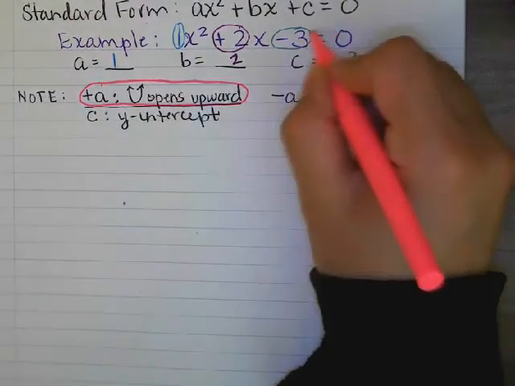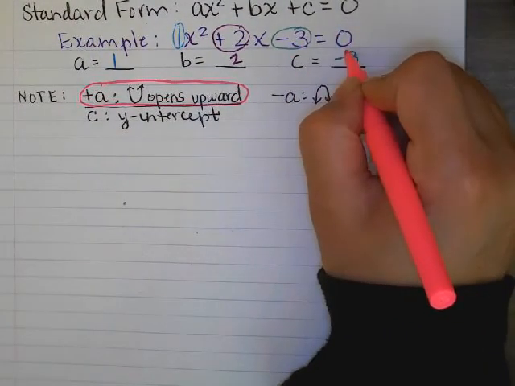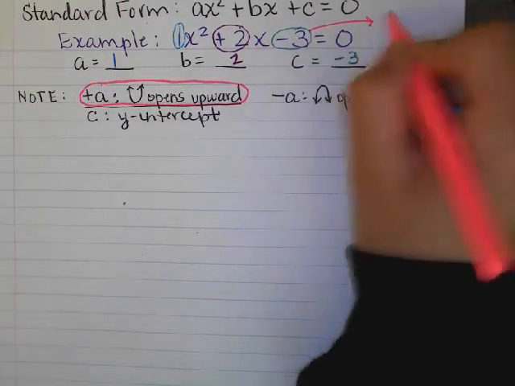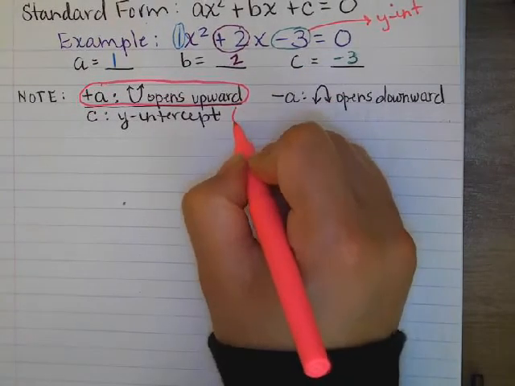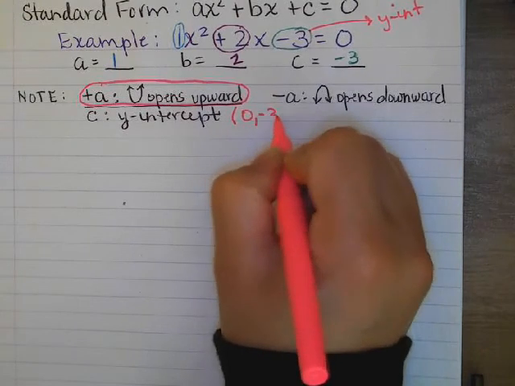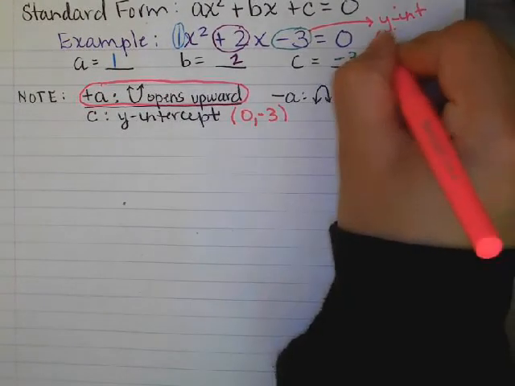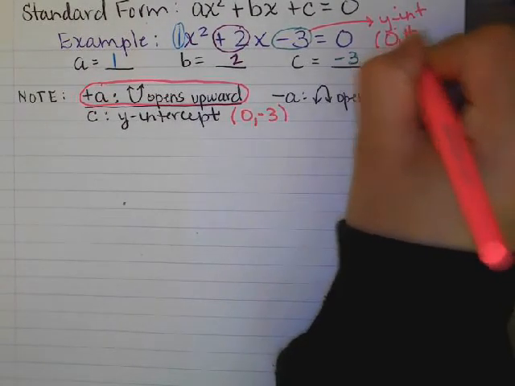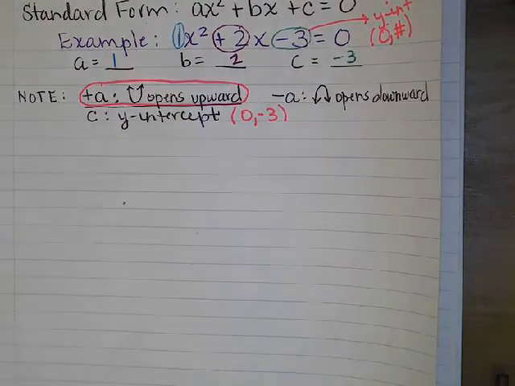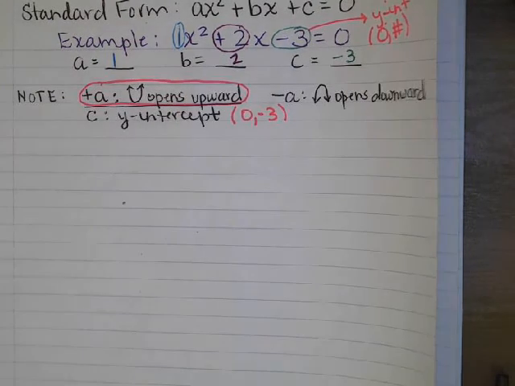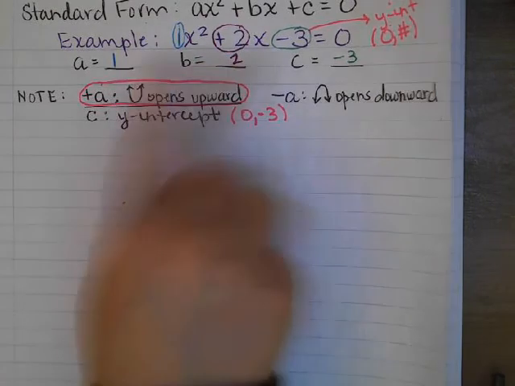So here, this guy right there, that's your y-intercept. So I know that my y-intercept is (0, negative 3), because remember that all y-intercepts have a 0 first and then the number. So the c tells you, hey, I'm going to cross the y-axis at (0, negative 3).